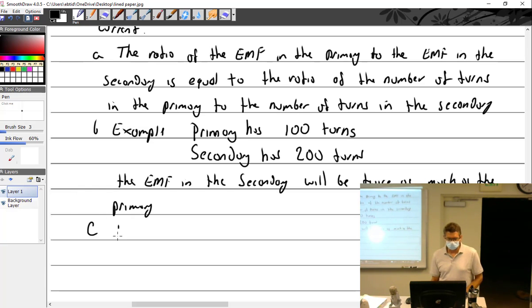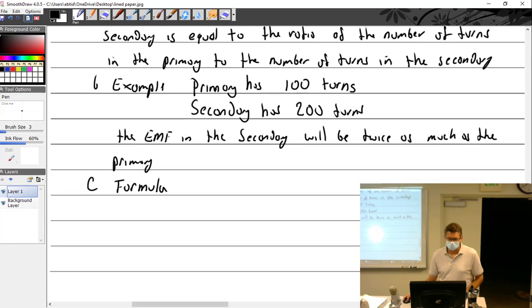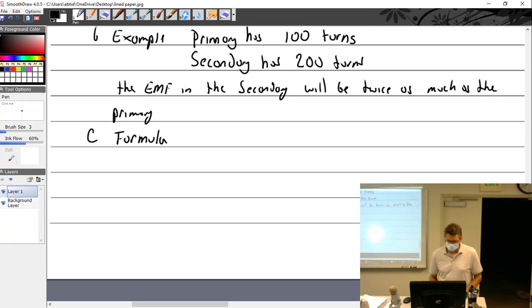So the formula is this. E of P divided by E of S. So what do we have there? Voltage of the primary over voltage of the secondary is equal to the number of turns in the primary over the number of turns in the secondary.